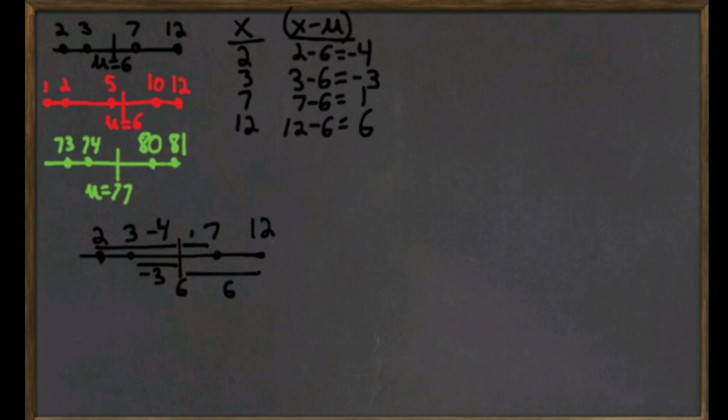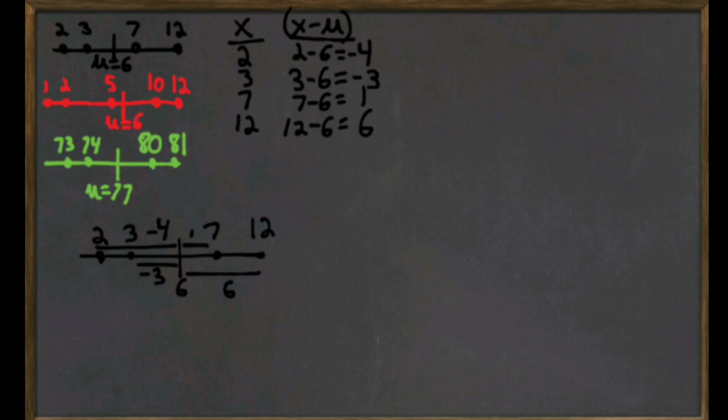So now each of our observations is no longer just the observation, but is relative to the mean. Some of our observations are less than the mean, some are greater than the mean.